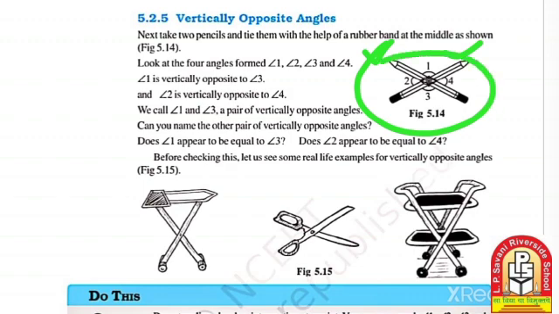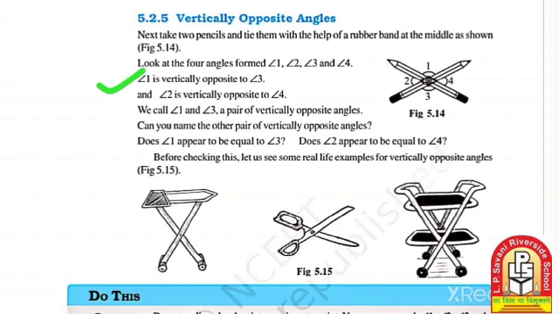So here there are two pencils and we tied them with the help of a rubber band. Look at the four angles formed: 1, 2, 3 and 4.